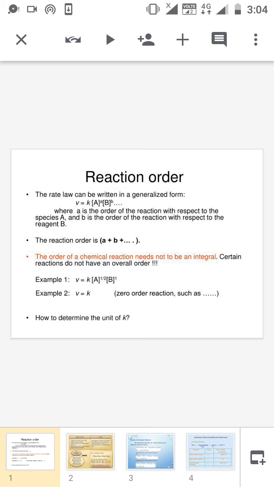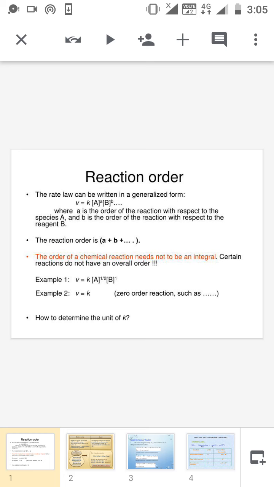Yesterday we discussed that the powers a and b may or may not be equal to the number of molecules in the stoichiometry of the chemical reaction. And we already discussed that the rate law and rate equation are experimentally determined quantities. Similarly, the order of a chemical reaction is also an experimentally determined quantity.